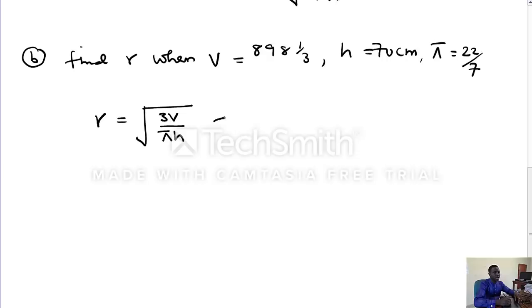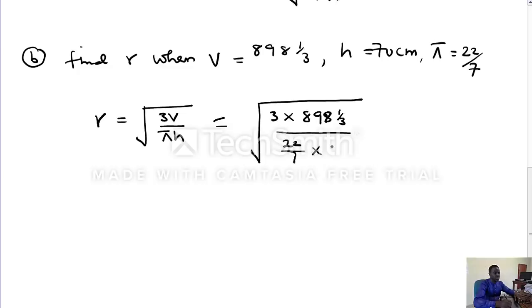So we are going to do direct substitution, and this is going to give us the square root of 3 times 898 1/3 divided by 22/7 times h, which is 70. I'm going to express this in fraction.